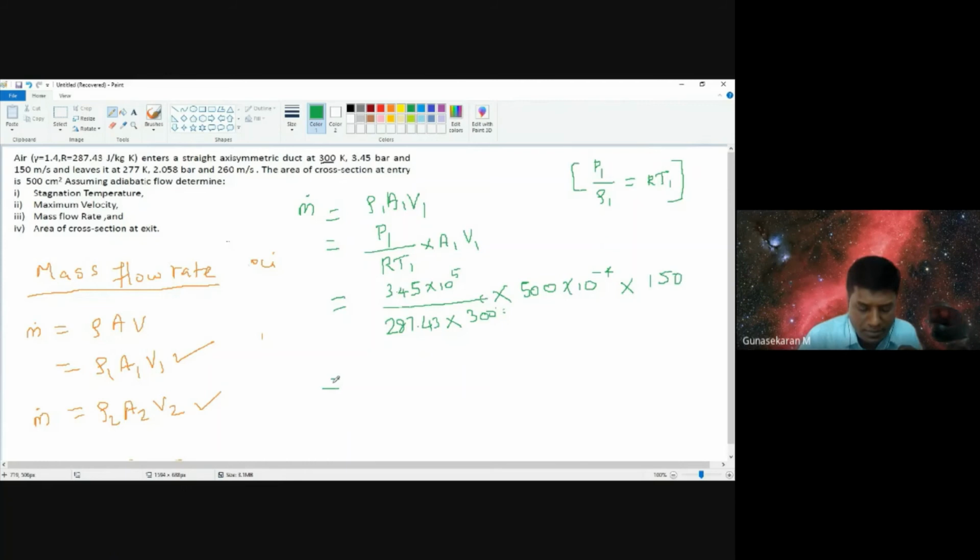Am I right? The unit is kg per second. So please check this value, it should be correct. Now we got the third answer.